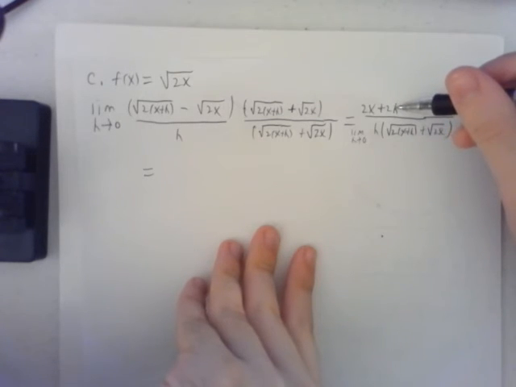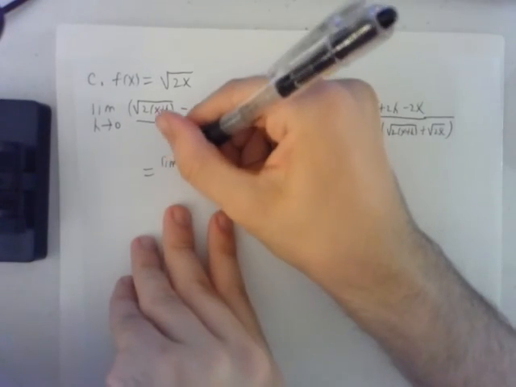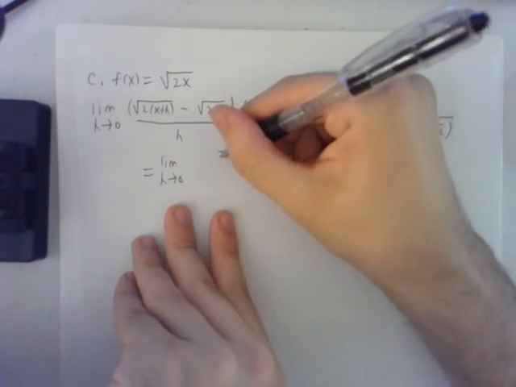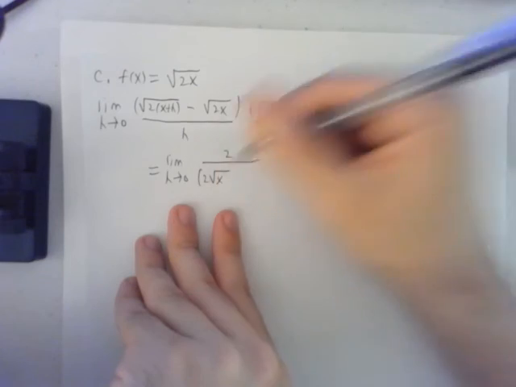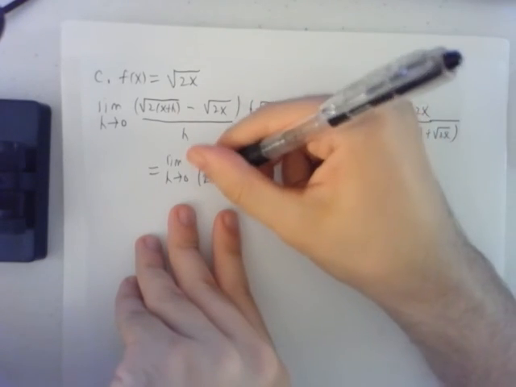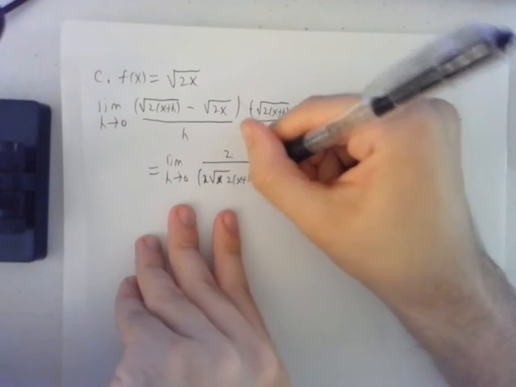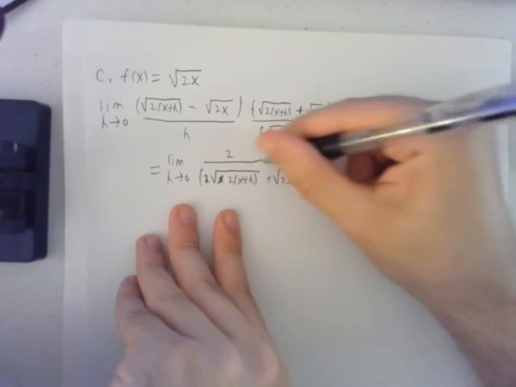That just gives us a 2h in the numerator, and the h can cancel with the denominator. So this becomes the limit as h goes to 0 of 2 over square root of 2x plus h plus square root of 2x.